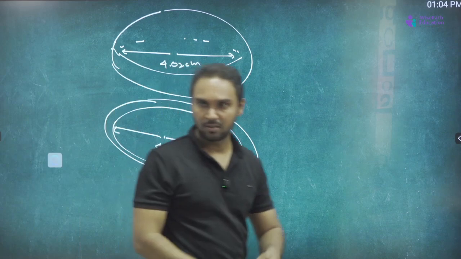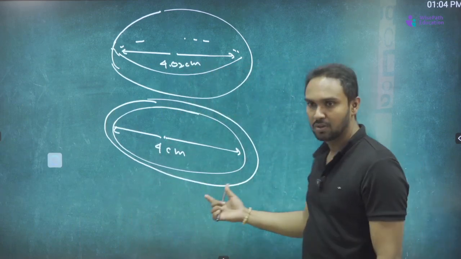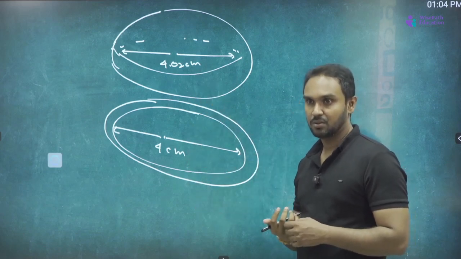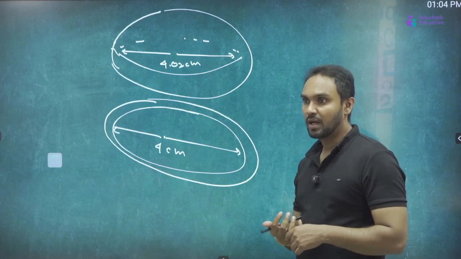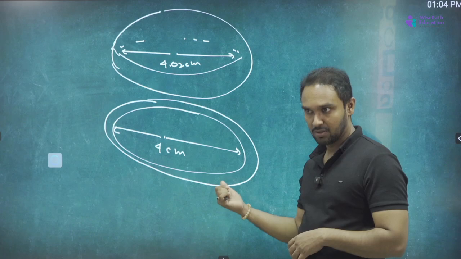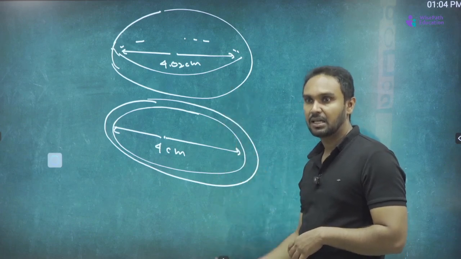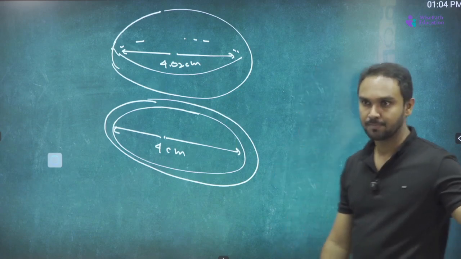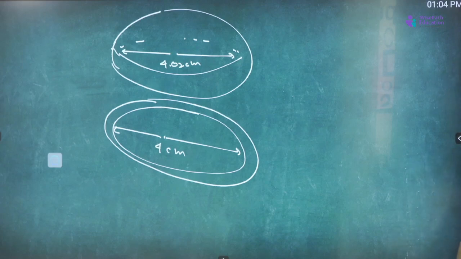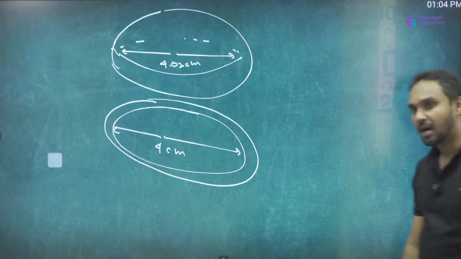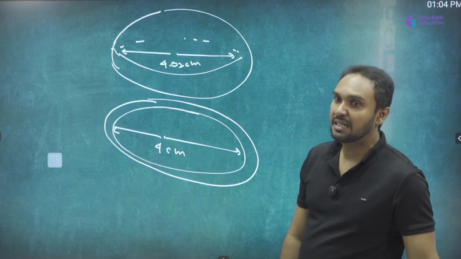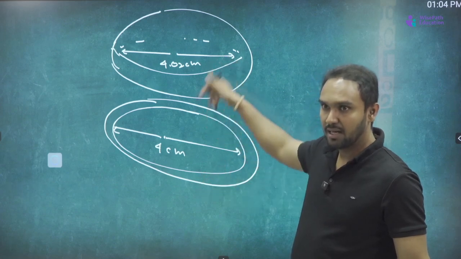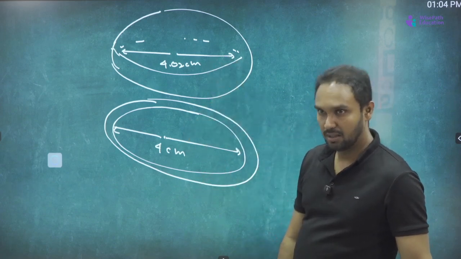Can you? No, right? Because the ring's diameter is too small and the sphere is too large. So what do you have to do? You have to increase the diameter of the ring, so the sphere can easily get through it. So how do you increase the diameter? You heat it. Simple as that. So they are asking how much of a temperature difference is needed to increase the diameter of this so that the sphere can easily go through it, right?